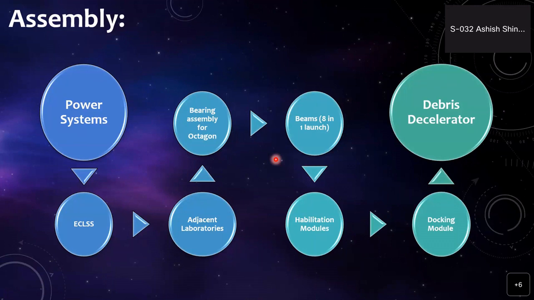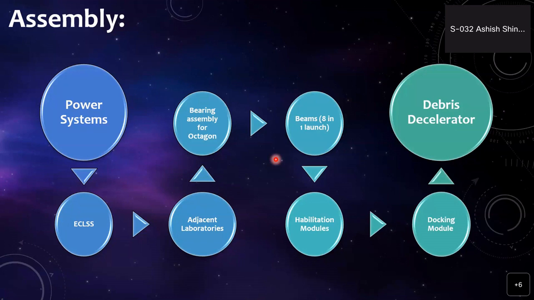Now, for the Octagon assembly, it will be waiting in the Octagon. Next is being sent for one launch now, but in future it can vary according to the launches.